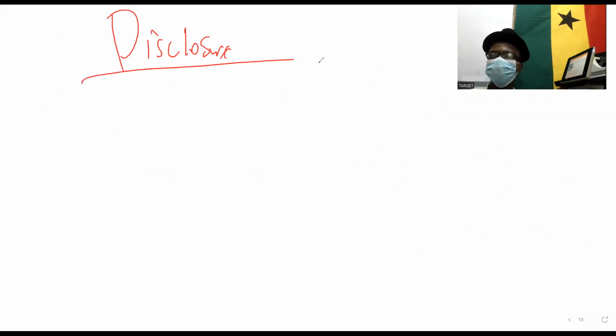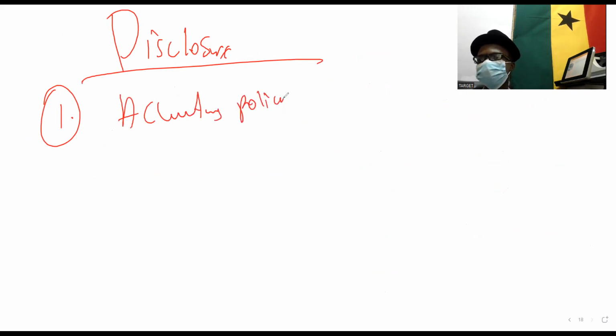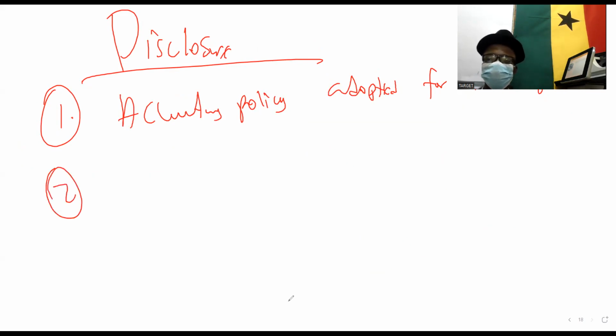Now, disclosure. You must, one, disclose the accounting policy adopted for the government grants and then the method of presenting. So the accounting policy adopted for the grant and its presentation.